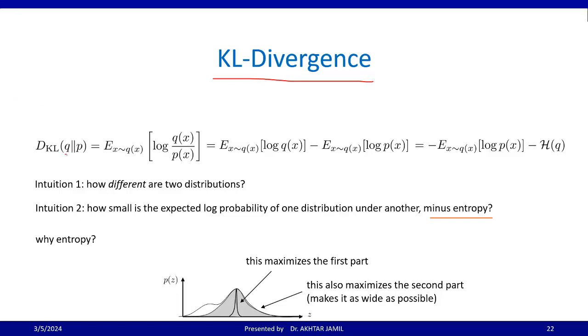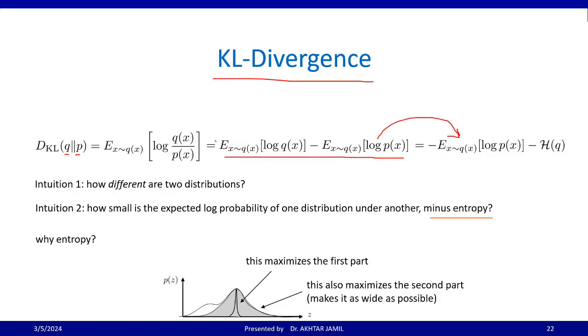KL divergence between Q and P is represented like this: D_KL is the expected value, with x drawn from Q of x, of the log of the ratio Q of x divided by P of x. So essentially this is the formula. If we write it out by splitting the log, the negative term is present as it is.